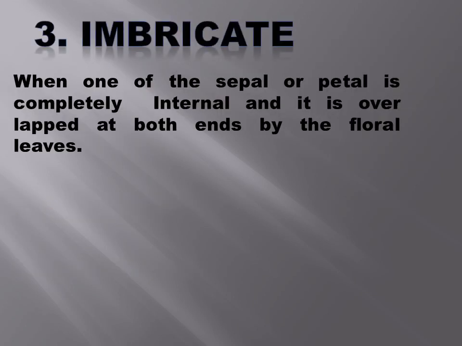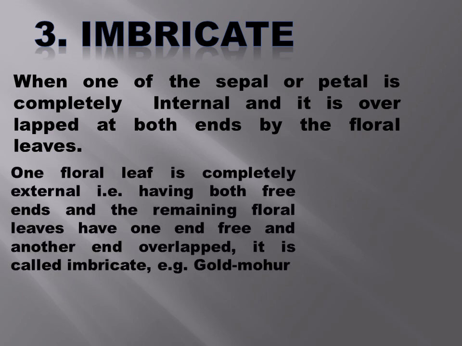The third type of estivation is imbricate. In this type of estivation, one of the sepals or petals is completely internal and is overlapped at both ends by the floral leaves, while one floral leaf is completely external, having both free ends, and the remaining floral leaves have one end free and another end overlapped.